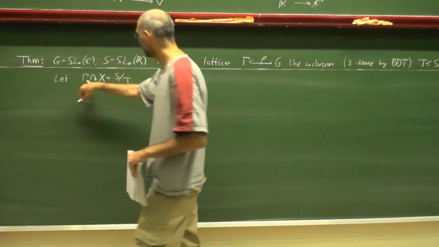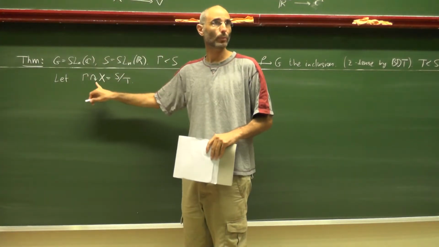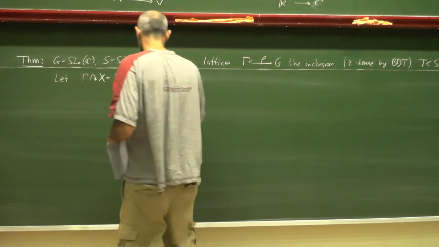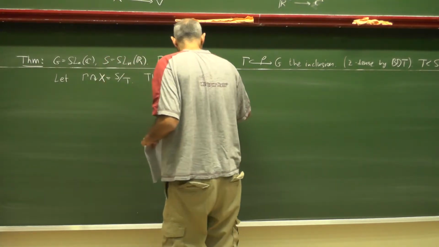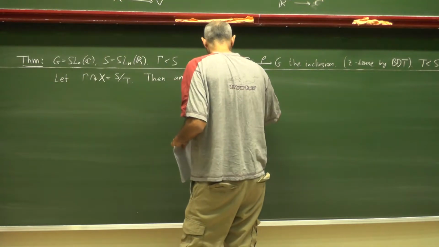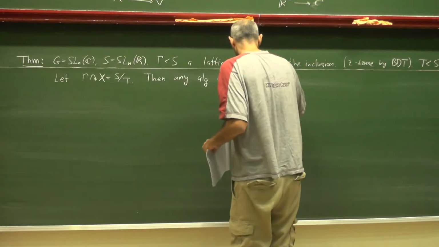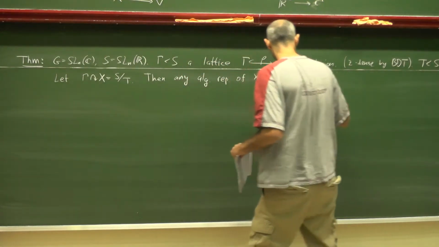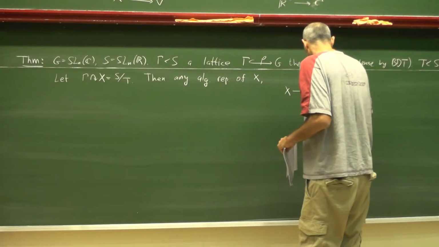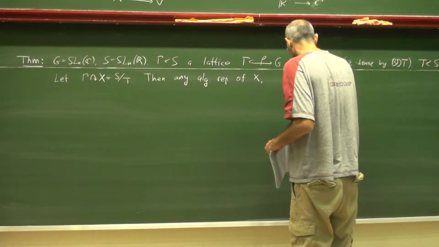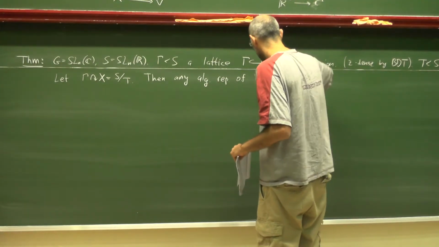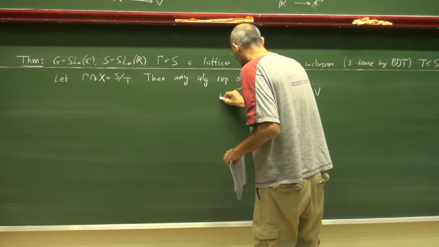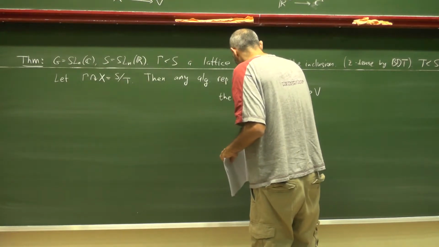And now I'm presenting this gamma space X, not the S space, but the gamma space. Then any algebraic representation of X, so X to V, now we have gamma of the gamma space X.